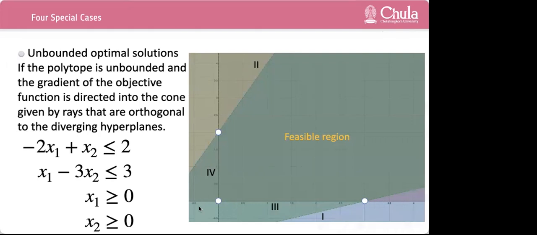For example, if the gradient is this way, we can move further this way and we don't have a limit. We can go to infinity to get the maximum objective function. But of course, if you minimize in this direction, we can find the minimum point here, right?